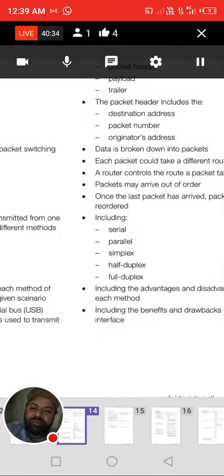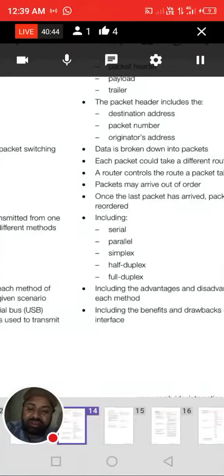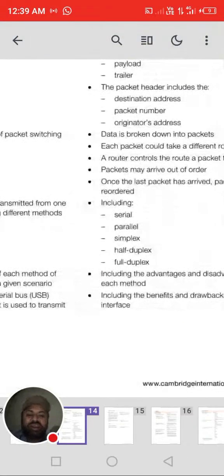But in full duplex, just like we talk nowadays on mobile or in online communication, it works both ways. It's called full duplex.